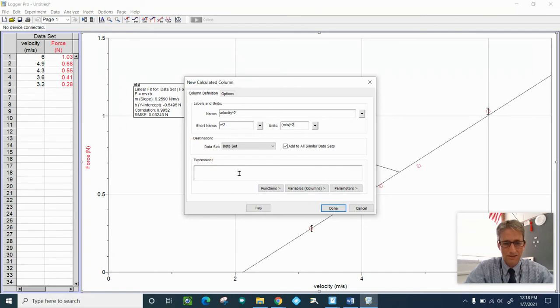So this expression thing is where you do the math. It's kind of like the spreadsheet. Except what you're going to do is say, all right, what do I want to do? I want to square the velocities. The velocities, that's one of my columns. That's one of my variables. So I'm going to click on the variables and say, yeah, go get the velocities. So it's going to go get my velocities. And then I'm going to do caret 2. Say square them all, please. And I'll hit done.